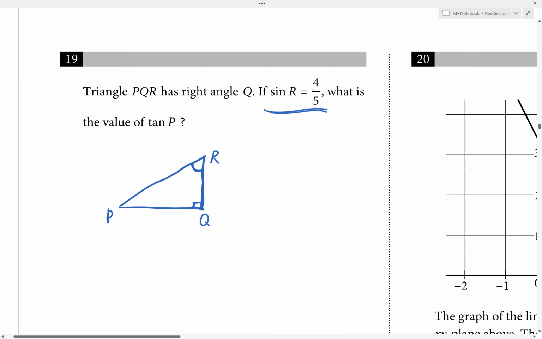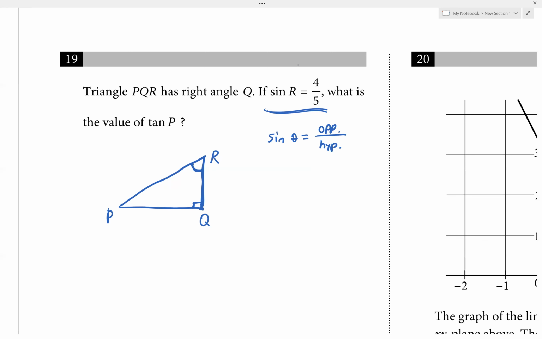So what's the definition of the sine function? The sine function tells us the ratio of the opposite side compared to the hypotenuse. Sine of theta is always opposite over hypotenuse. If sine of angle R is 4/5, that means the opposite side has to be 4 and the hypotenuse has to be 5.